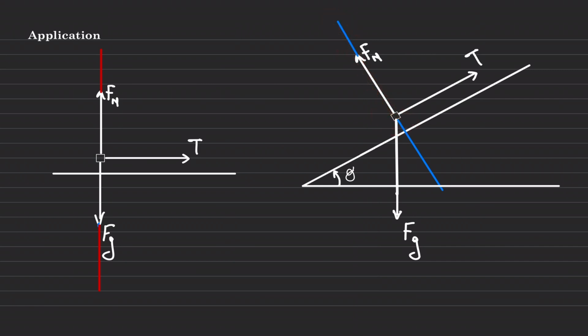But the force of gravity hasn't changed orientation because gravity is always pulling you toward the center of the planet. So the force of gravity will still be downward, and now our tension is up the incline, so its orientation is that way. And all of this is due to the fact that this incline or this surface is rotated by an angle theta. Now comes the punchline.